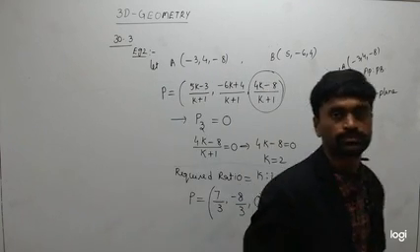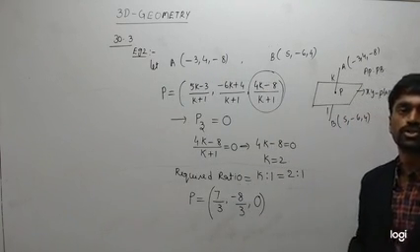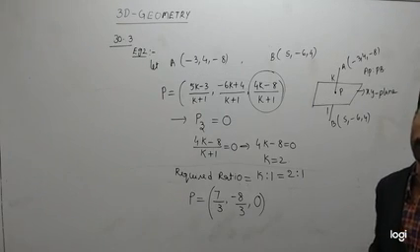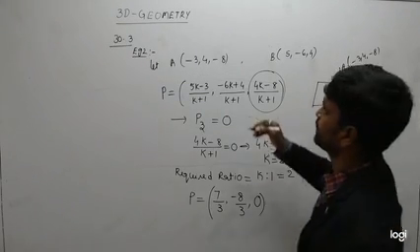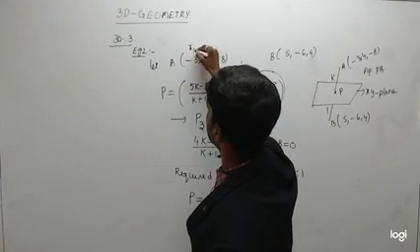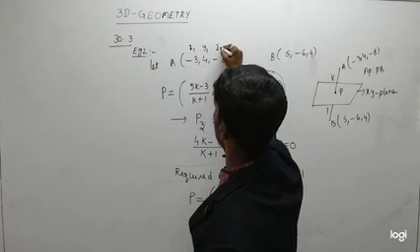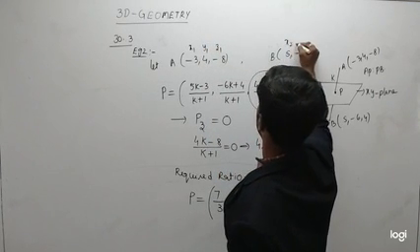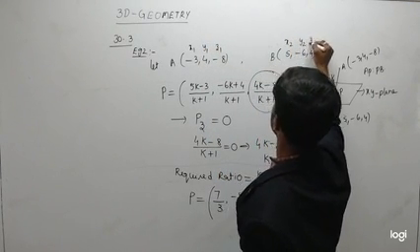For this, a shortcut is also there. What is the shortcut? Suppose A coordinates are x1, y1, z1 and B coordinates are x2, y2, z2.